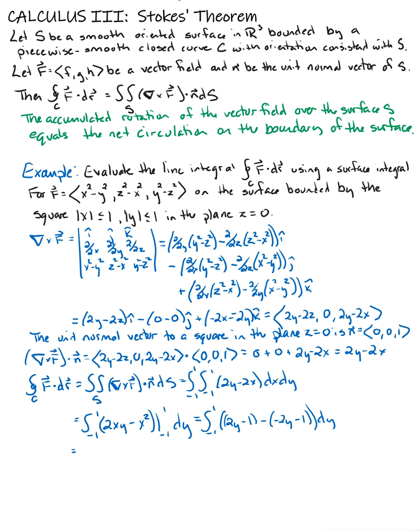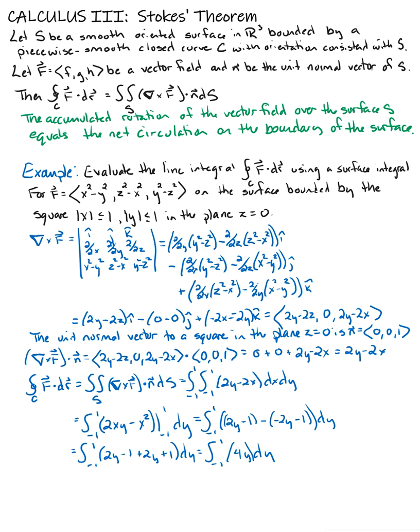So that gives us 2y minus 1 plus 2y plus 1. And that integrand simply becomes 4y.